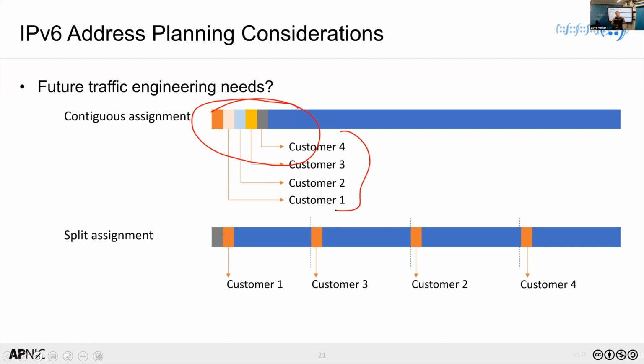You've got no flexibility. You then have to start announcing specific /48s. So think about your regional aggregation. Think about split assigning things, so taking users or end sites out of different spaces or places within your address blocks, especially if you've got larger than a /48.